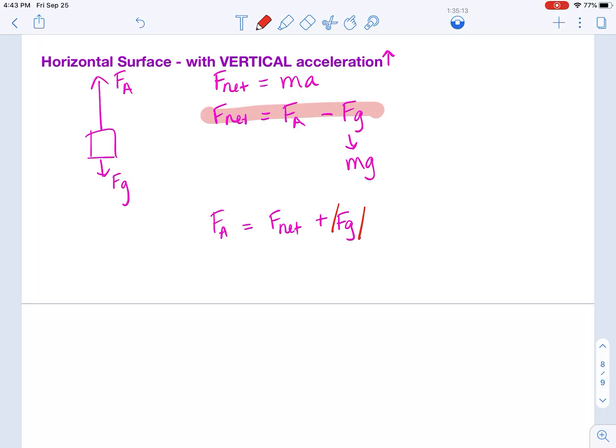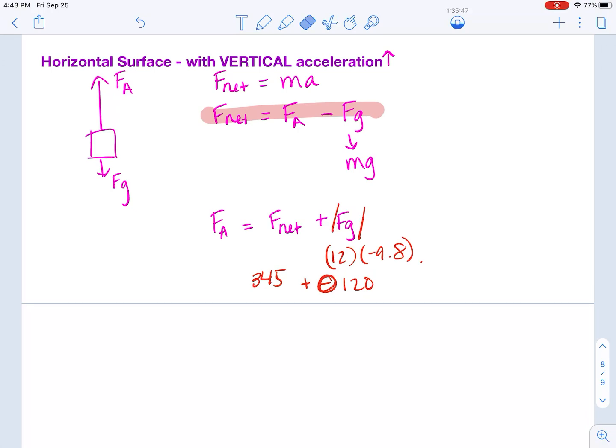So yes, the weight of the object is in the negative direction, but if we were to calculate my weight using mass times gravity, I would normally input a negative 9.8 here, which would give me a negative value for my weight. Okay, but if I take that number and I add it to this other number, I'm actually doing a subtraction because of that negative, right?